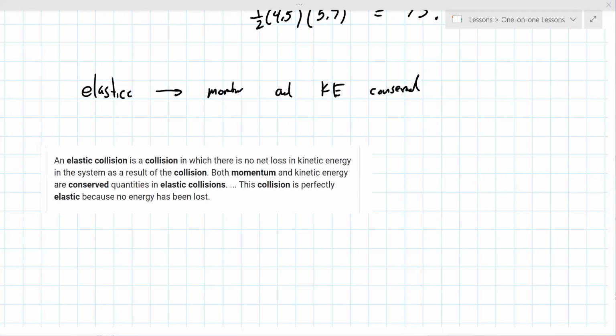What is the total momentum of the system? Well, how is this any different? Oh, I see.